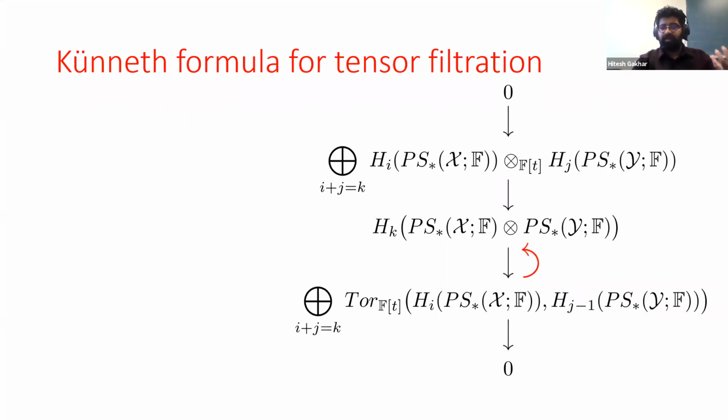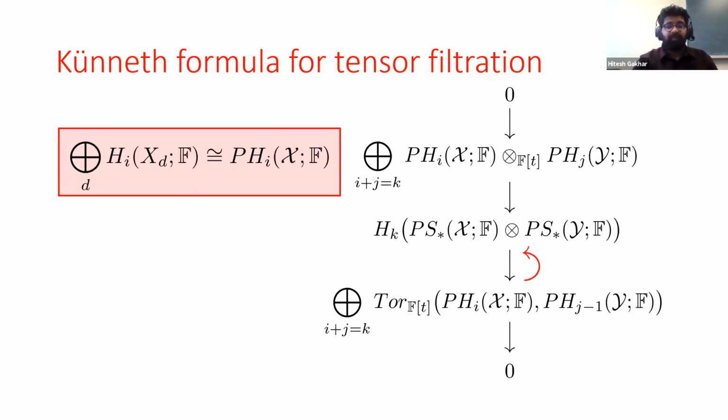So for each filtration, we can write its persistence chain complex, and just by the classical Kunneth formula, we get this split exact sequence, which is the homology of the persistent chain complexes and their tensor product, both at the level of homologies and at the level of chain complexes themselves. Now, again, we can replace the homology of the persistent chain complexes by the persistent homologies.